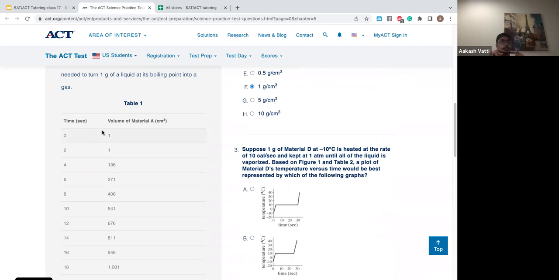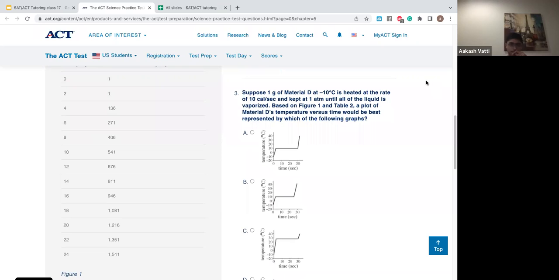So while material A was liquid, the density is 1 g divided by 1 cm³. So yeah, you have F as your answer. What about question 3? Let's put your answer in the chat.